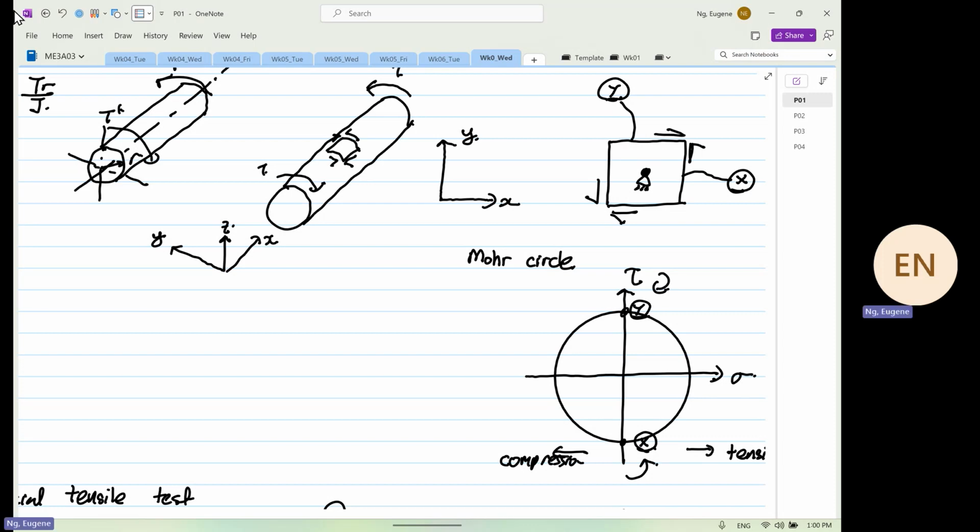The direction of the fracture. Again, when we do Mohr's circle, we look at the right-hand side because the yield or the fracture of chalk in tension is less than what? Compression. Are we clear?